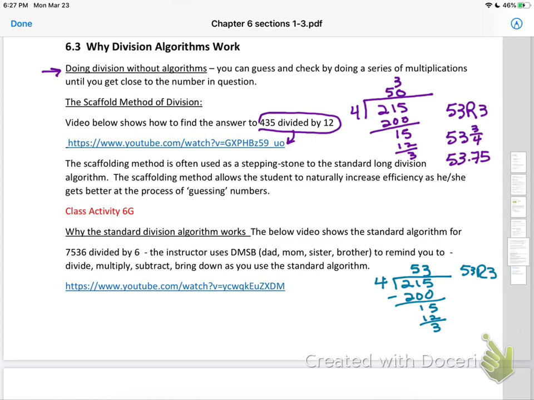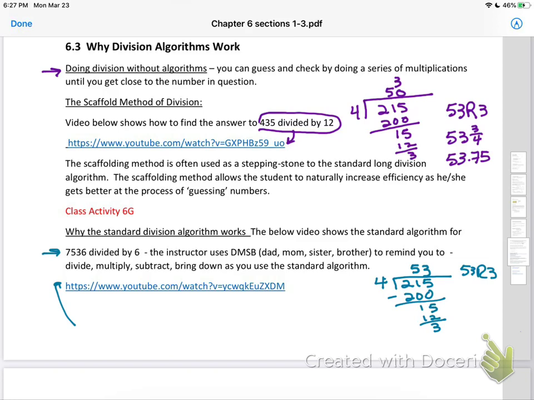So a couple of things. When this instructor in this video down here does this, she writes DMSB, which is divide. So divide 4 into 215, multiply, 4 times 5 is 20, subtract 20 from 21, bring down.